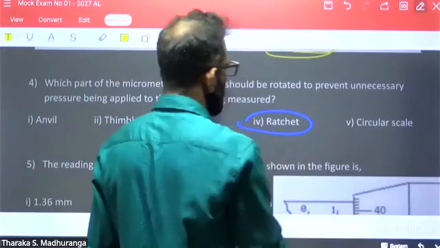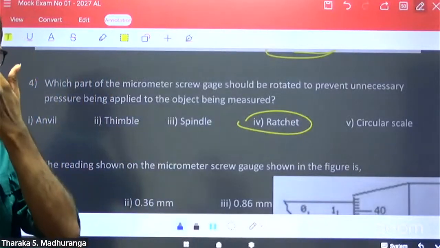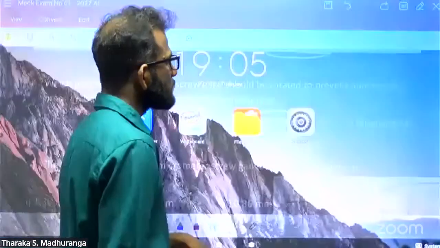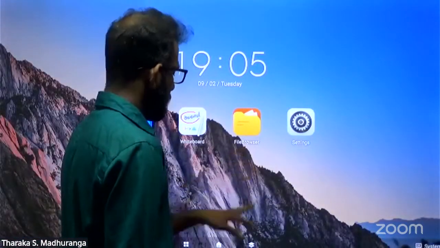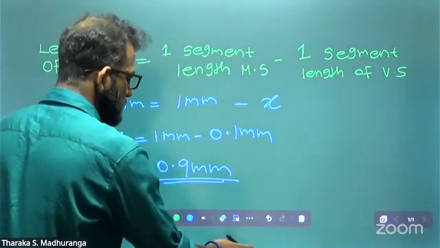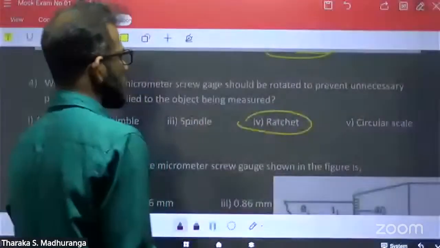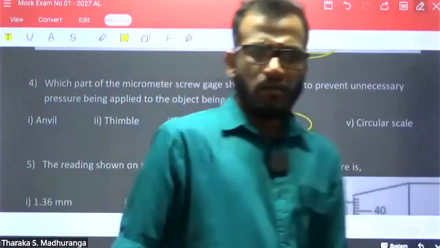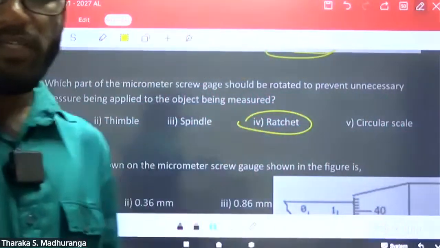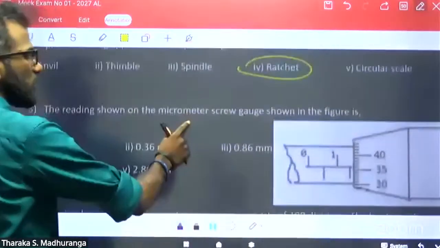Ratchet or thimble head. We already discussed that. I'm not going to explain further about these simple questions. I hope to go for the advanced questions quickly.